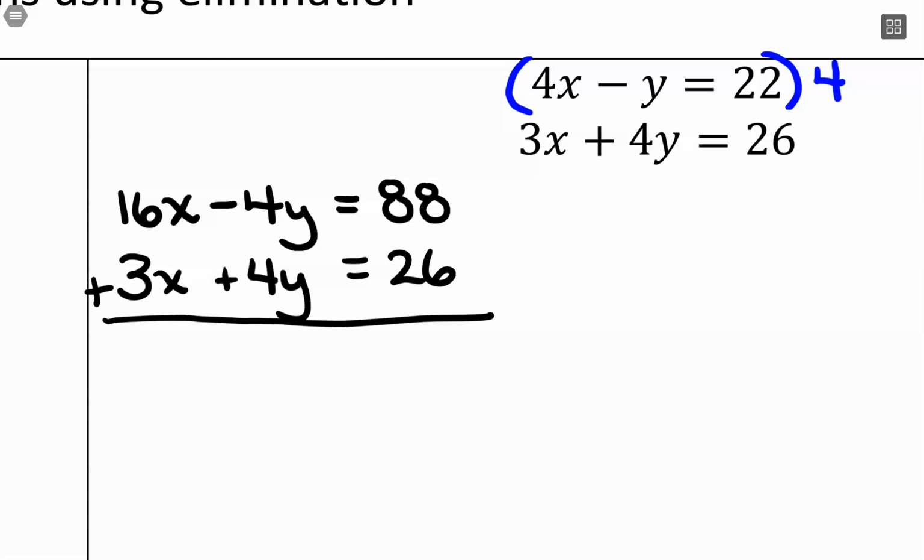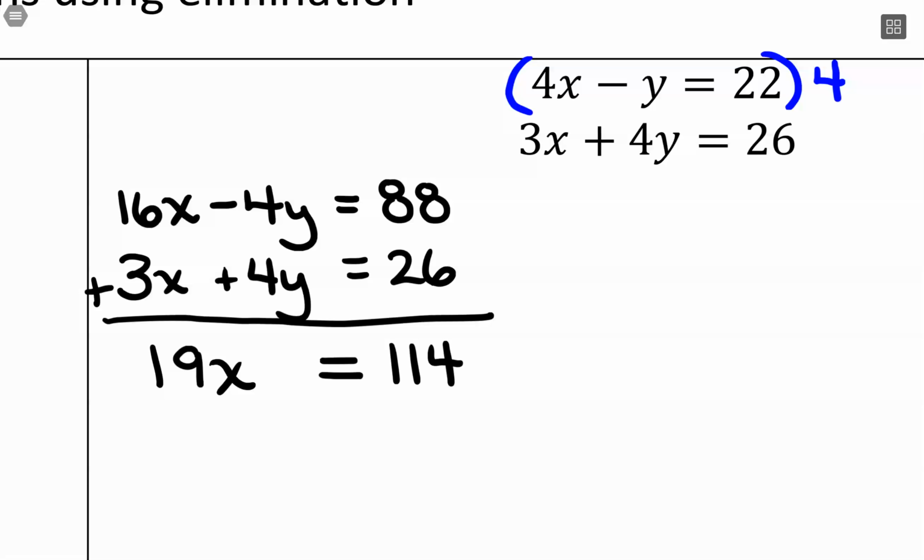With the x values, 16x plus 3x, so that's 19x. And I have my negative 4y plus 4y, which just turns into a 0, which I'm just not going to write down. I have my equal sign, and then 88 plus 26, which is 114. So my y values canceled, which is exactly what I wanted.